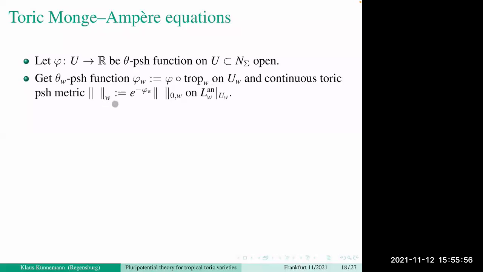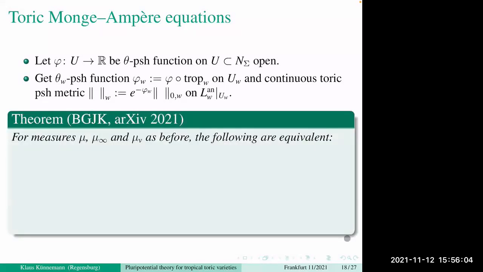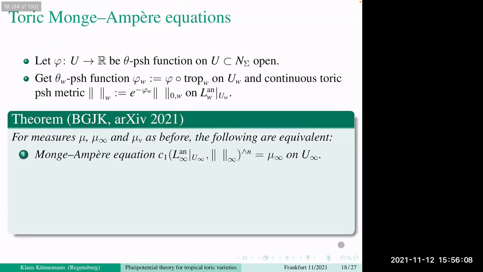You also get PSH metrics if you use this function to scale your reference metric. And then you can relate the Monge-Ampère equations. So the following equations are now equivalent.